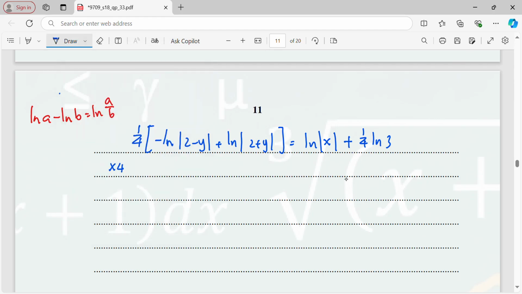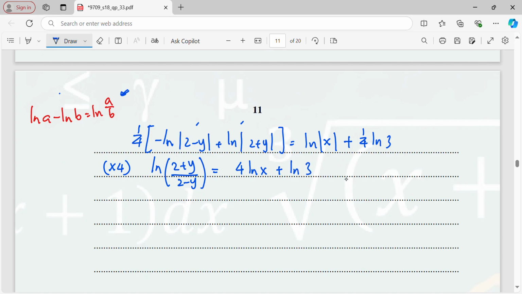So I times 4 to the whole equation, and at the same time, for the subtraction of 2 ln, I will combine it into a division of 1 ln. So here becomes ln of 2 plus y over 2 minus y, put a bracket, then equals 4 ln x, plus ln 3.